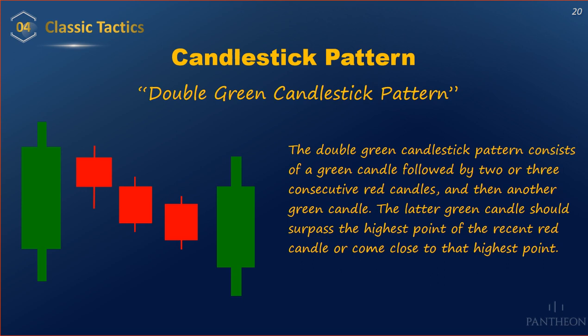This last bullish candle should exceed the highest point of the recent bearish candle, or come close to the highest point. Either one. This is a bullish candlestick pattern. Let's move on.